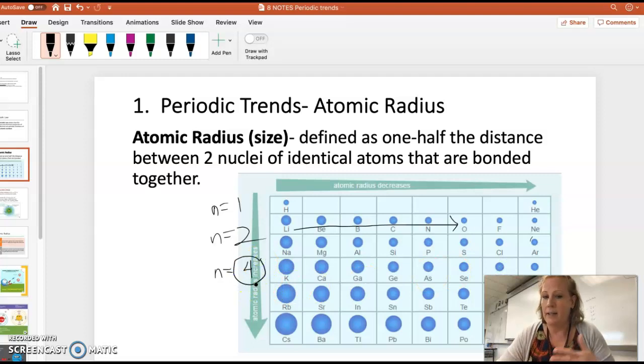I'm gaining electrons, but I haven't gone beyond n equals 4. And also, bromine has 35 protons to pull harder on those electrons and pull them in, compared to potassium, which only has 19.